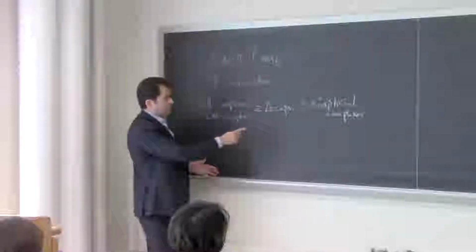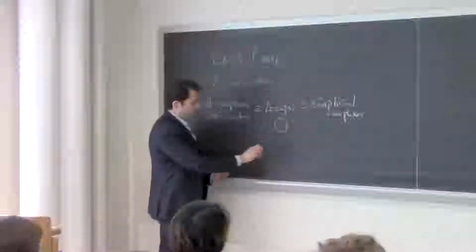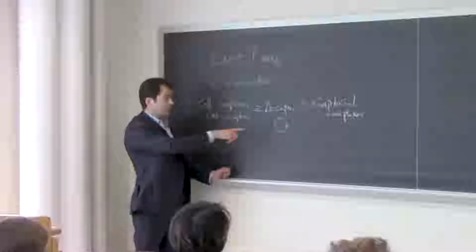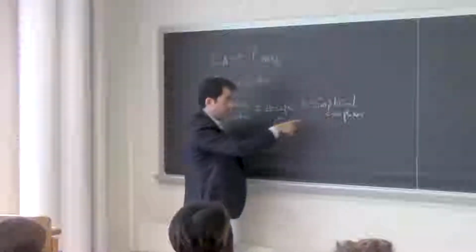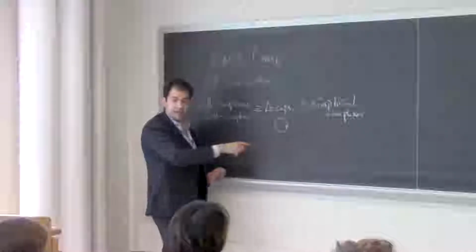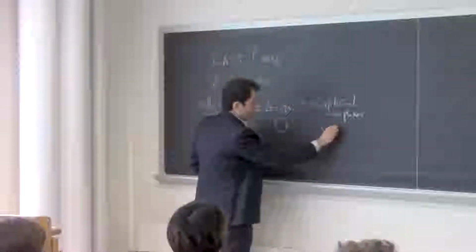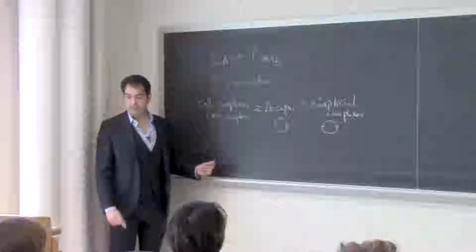So, for example, the circle with one 0 cell and one 1 cell is a perfectly good delta complex, but that doesn't count as a simplicial complex because both ends are being mapped onto the same 0 simplex, whereas if you were to take two vertices, then that would be fine as a simplicial complex.